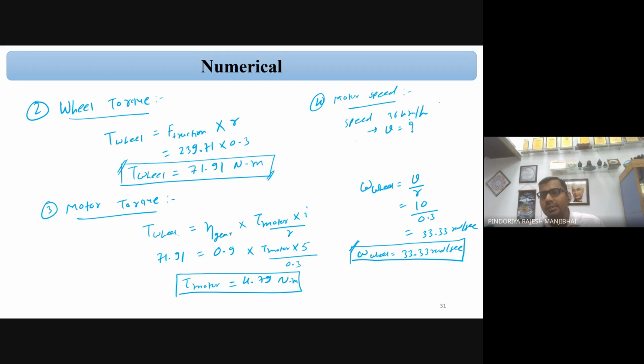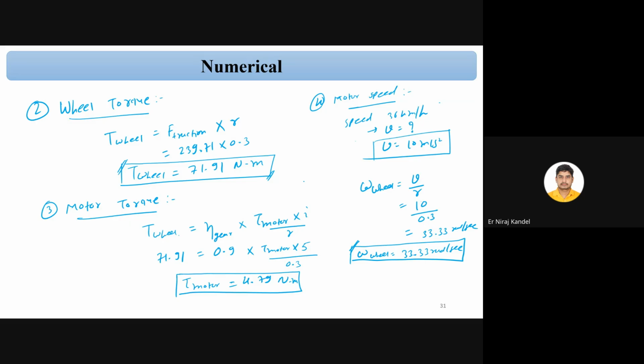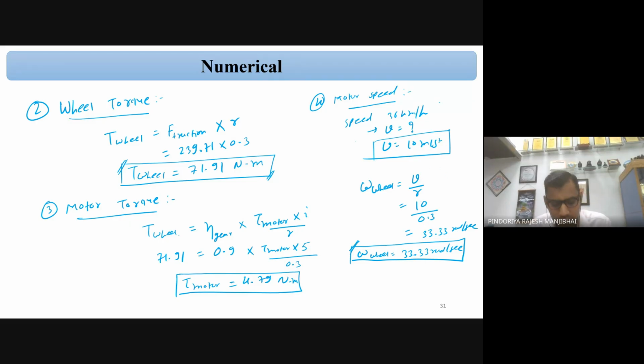In 1 hour there are 3600 seconds. So then we get V equal to 10 meter per second. Correct? Any confusion for this numerical?